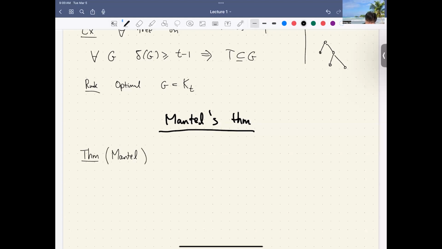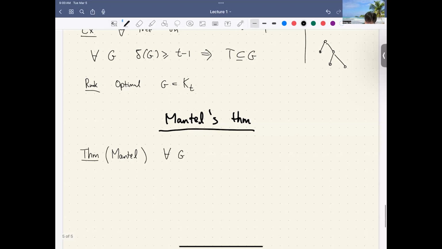He says, for any graph G satisfying 2 conditions, the first condition is that it's triangle free, or K3 free. Sometimes I'm lazy to write K3, the complete graph on 3 vertices. You don't have 3 vertices in your graph that are pairwise adjacent. That's the condition.